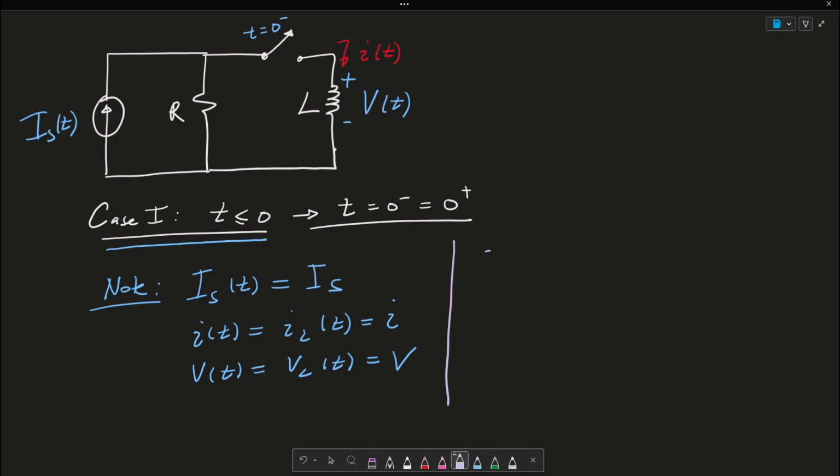What we want to note is that I for t less than or equal to 0 is just I of 0 minus, or I naught, the initial condition.